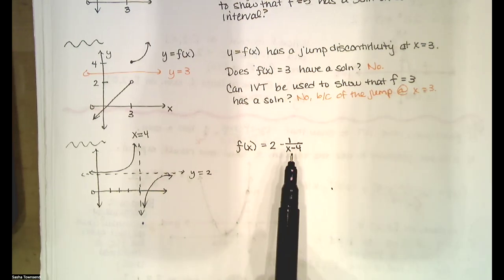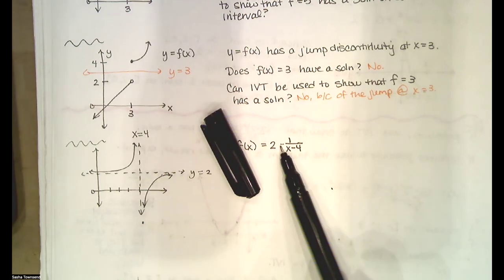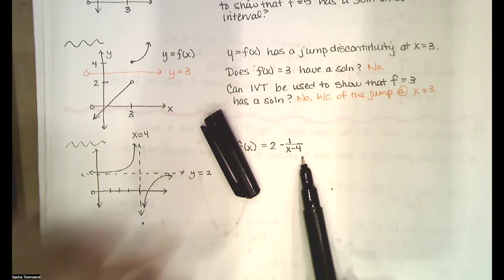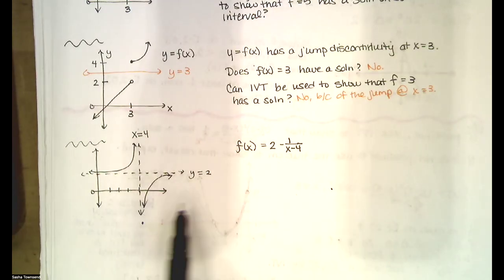So this looks like the graph of 1 over x. We flipped it upside down by multiplying by the negative 1. We shifted it 4 units to the right by subtracting 4 from the x values, and we added 2 to the graph. So it's just that y equals 1 over x graph moved around a little bit.